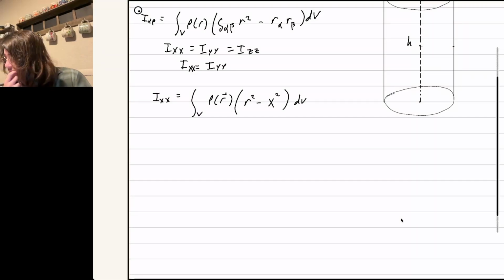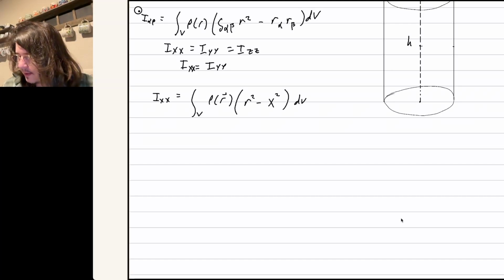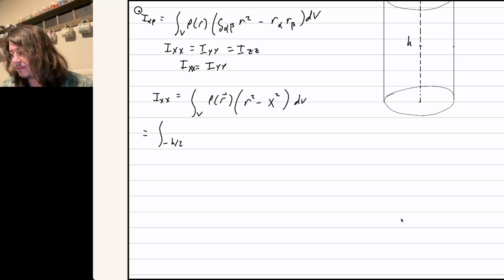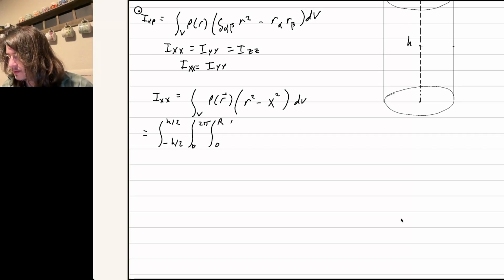So x is going to become r cosine theta, and the integration bounds are from minus h over 2 to h over 2, 0 to 2 pi, 0 to r, and then it's r squared minus r squared cos squared theta. The integrating factor is r dr d theta dz.